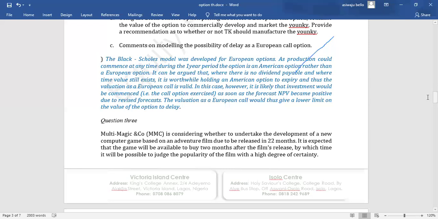Requirement C says: comment on modeling the possibility of delay as a European call option.